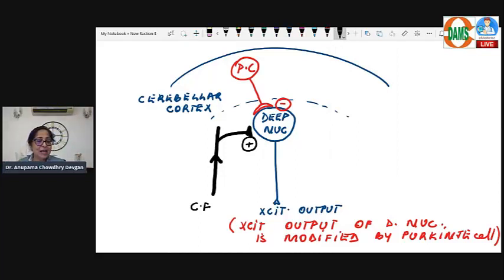Remember, the climbing fiber is carrying proprioceptive impulses from the whole body, and it gives a collateral to the deep nuclei and enhances the deep nuclear output.